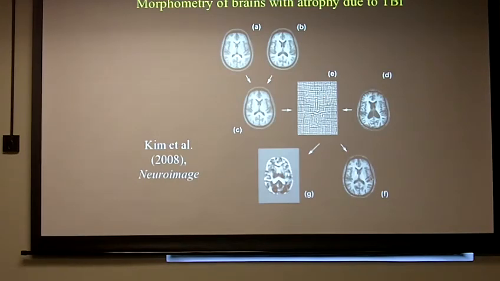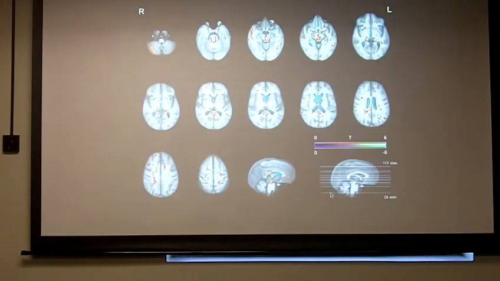So this original brain looks like this after the normalization. And this is the result of the quantification of atrophy. This is based on something like 20-something subjects, and blue color means volume expansion, and red color means volume reduction.